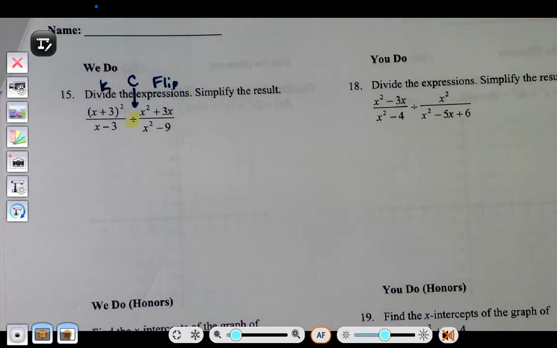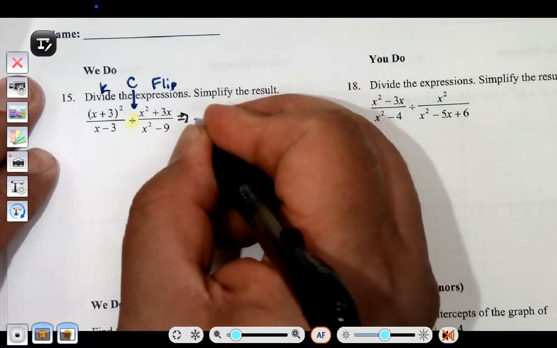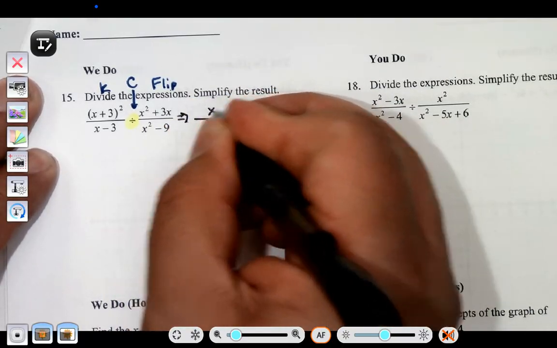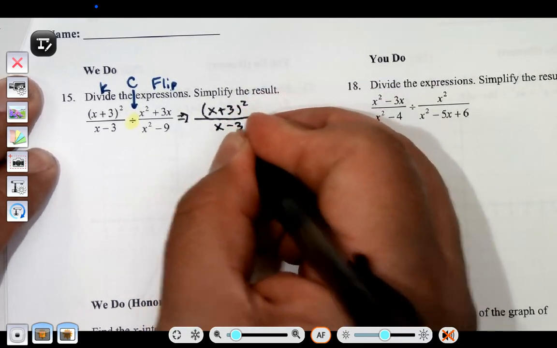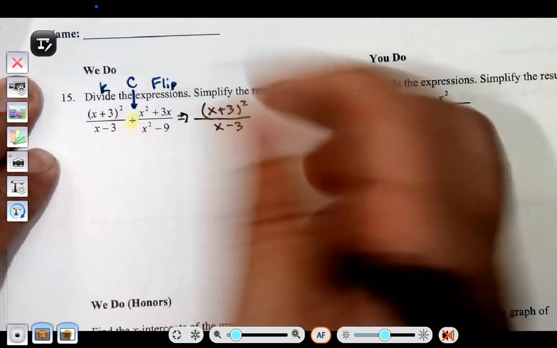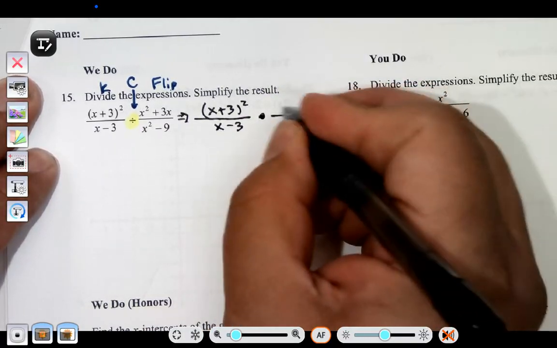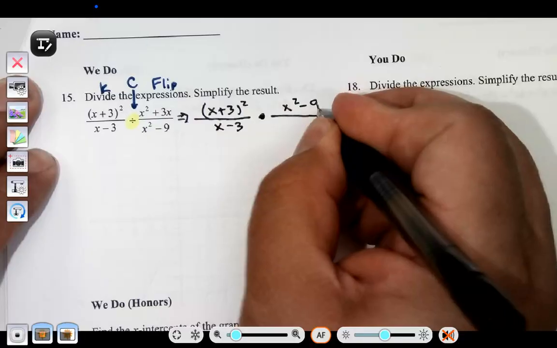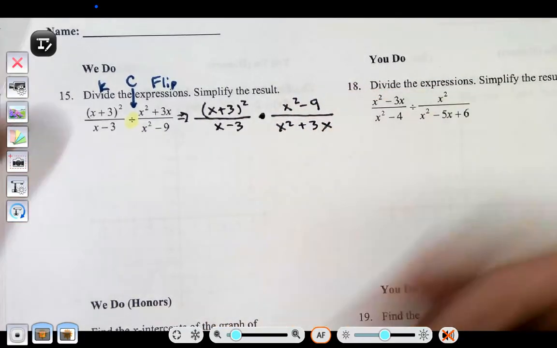So the first thing I'm going to do, I'm just going to get ready. I'm not going to worry about anything else yet. So we're going to get this fraction ready. It says x plus 3 squared, x minus 3 at the bottom. I'm going to change it to multiplication, and I'm going to flip this one over. So it's x squared minus 9 over x squared plus 3x.